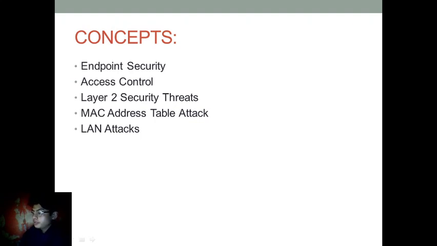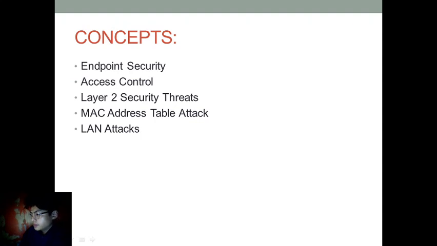Various network security devices are required to protect the network perimeter from outside access. These devices could include the virtual private network, or VPN, enabled router, a next generation firewall, or the NGFW, and the network access control, which is the NAC device.